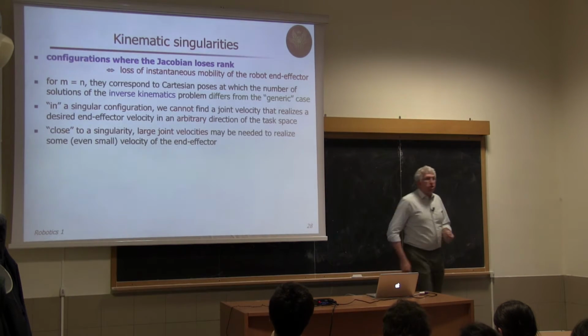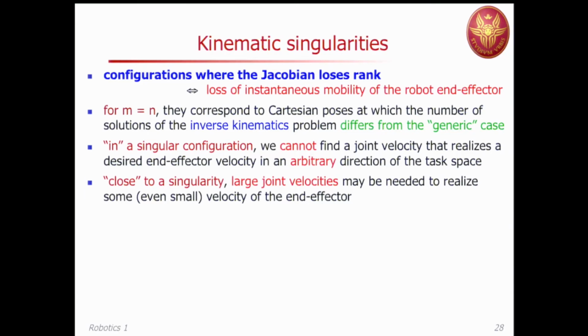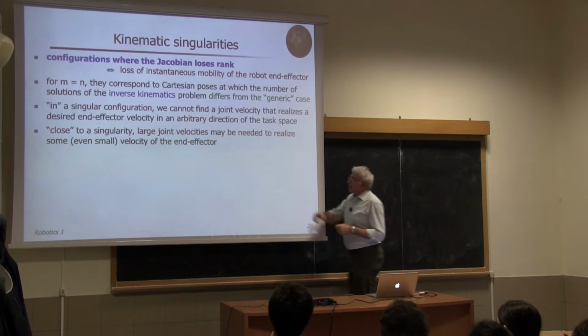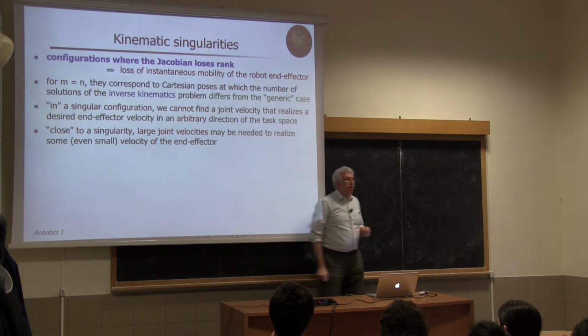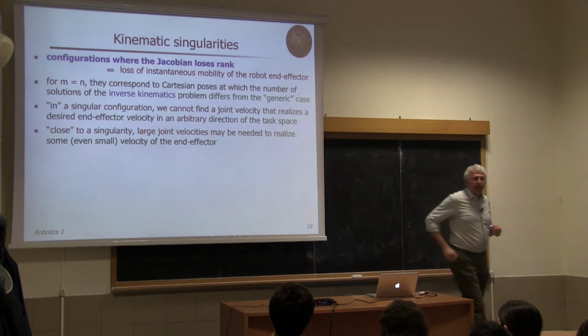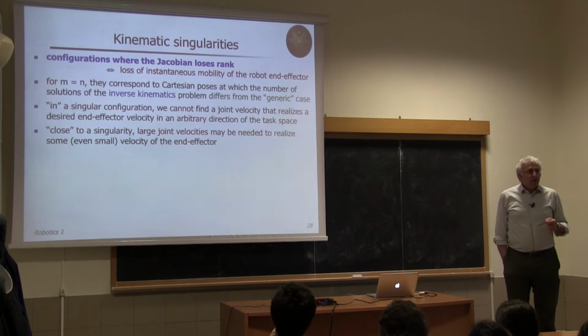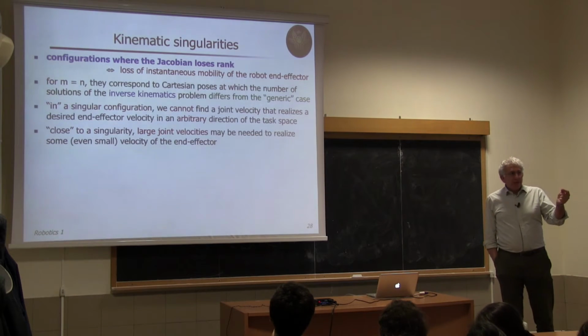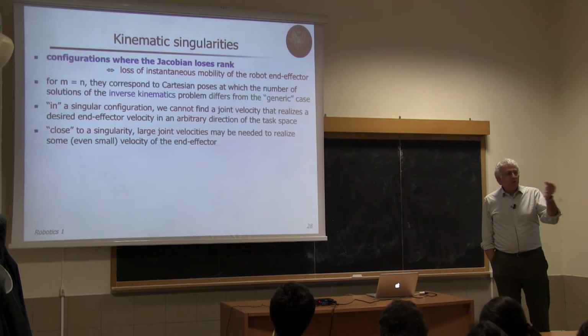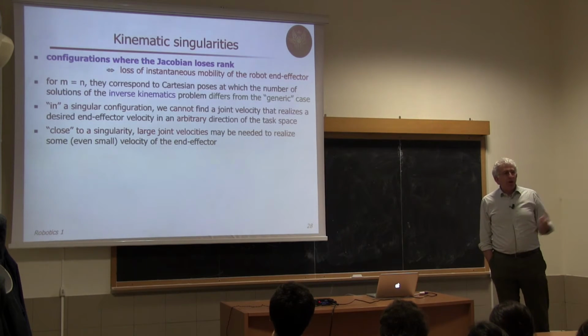However, the point is not just single isolated points in the configuration space, for instance straight arm or folded arm. The problem is around the singularity. So when we are close enough to a singularity, this strange phenomenon occurs. And we will see some numerical examples later on. So even if I'm asking the end effector of the robot to execute a small motion with a very moderate velocity, I may need to do this with a very large joint velocity.